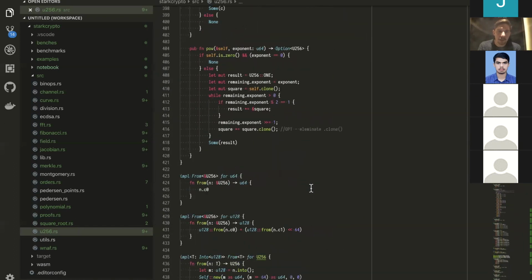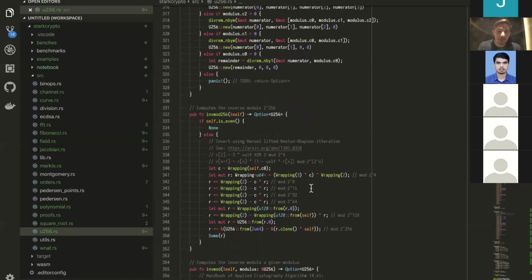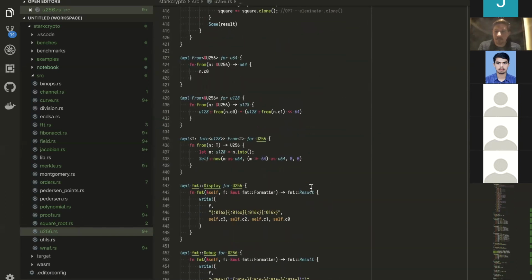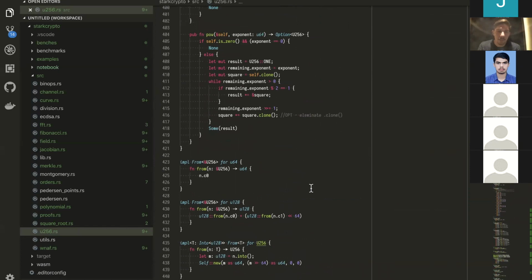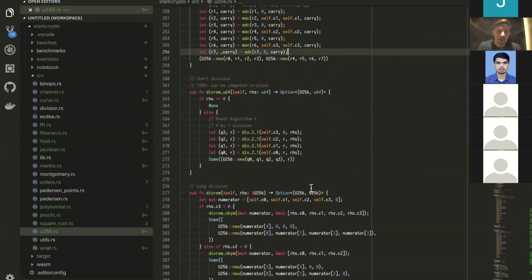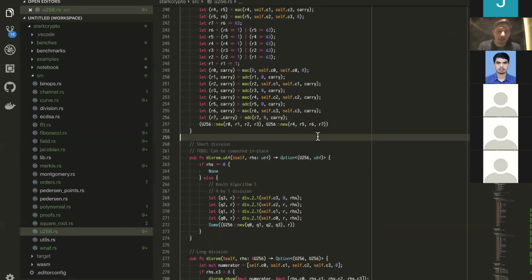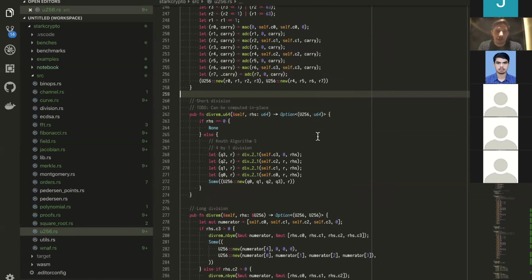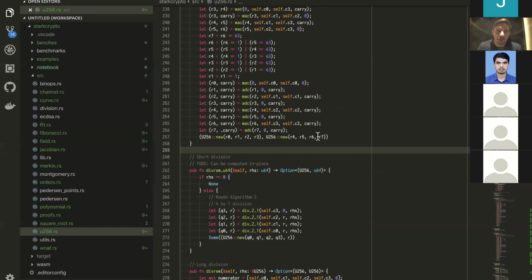Let's not go into division and inversion for now. No, actually we need to, because you need it for the modular operation. So addition, subtraction, multiplication are the simple stuff.